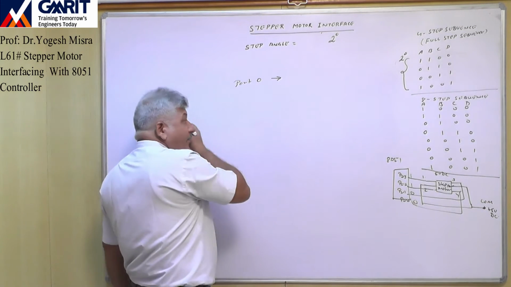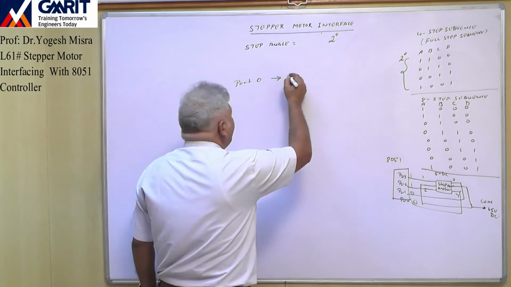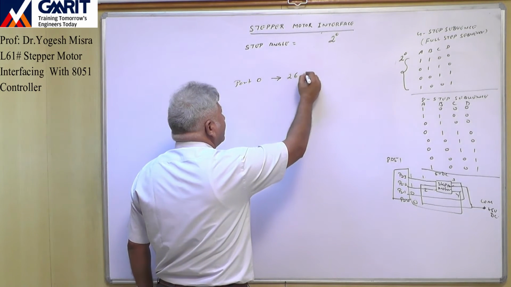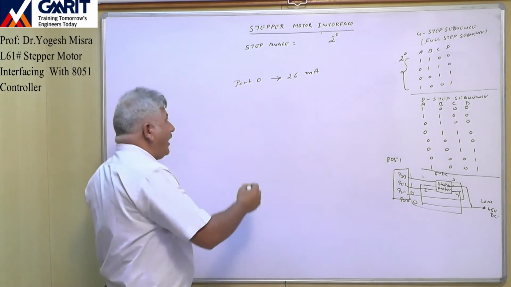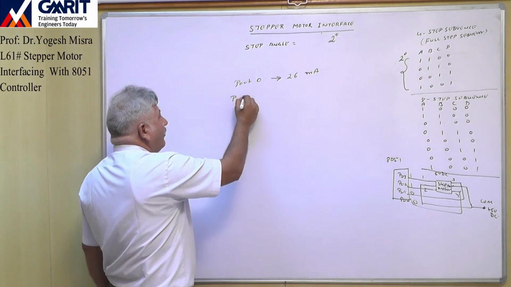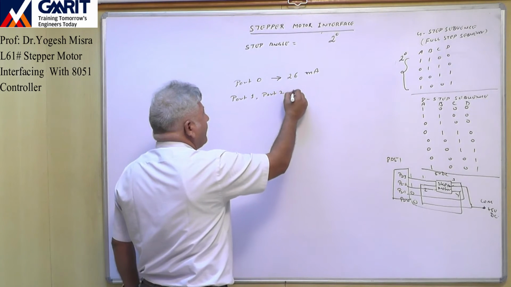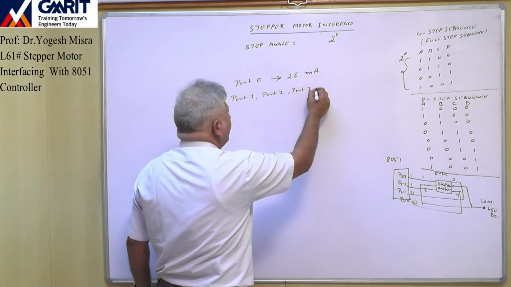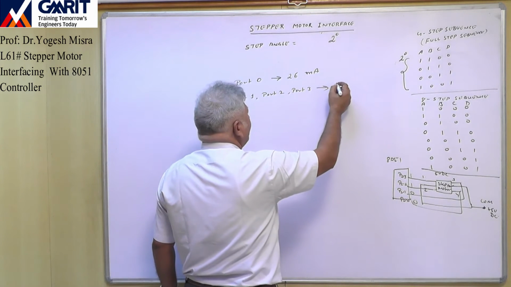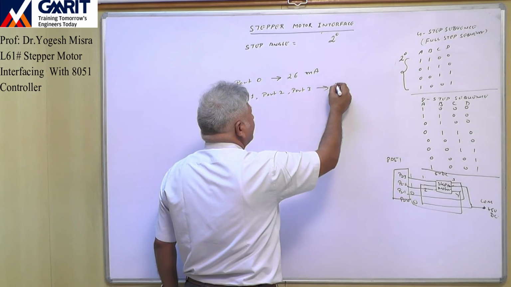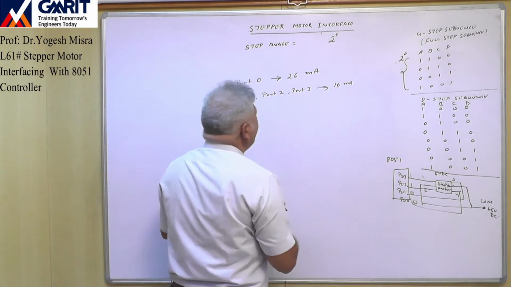But the current rating for port 0, all the pins of port 0, it gives 26 milliampere current. And other 3 ports, port 1, port 2, port 3, these 3 ports give a current in the range of around 16 milliampere.